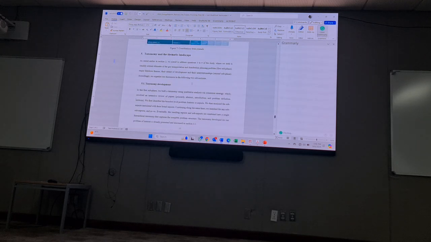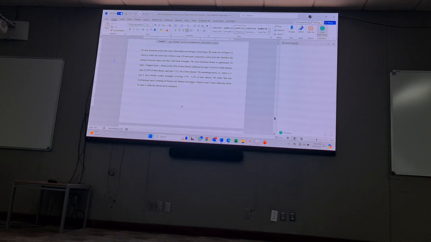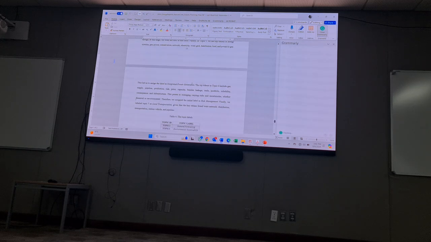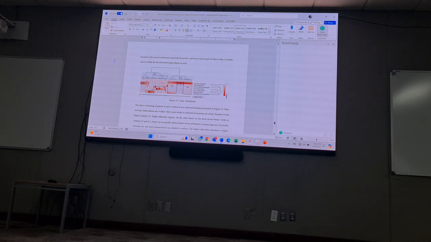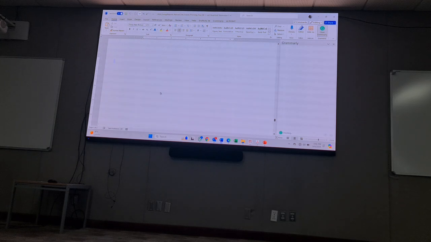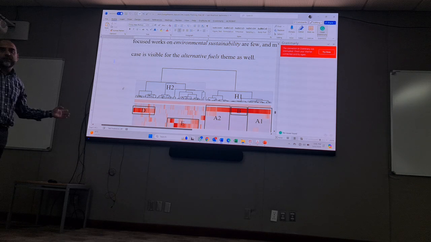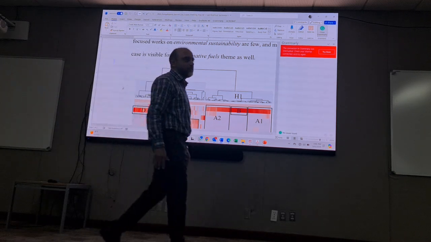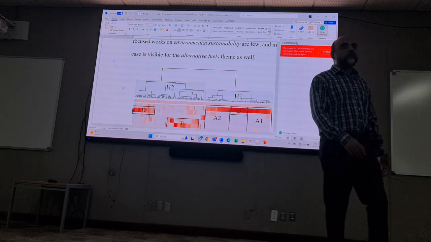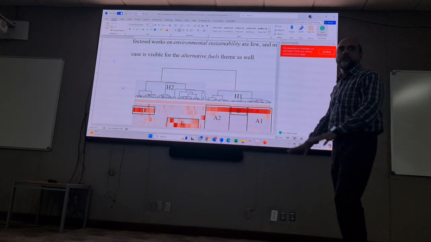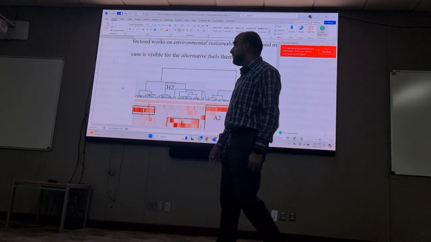Okay, so you need to understand why we do hierarchical clustering. So I'm going to show you an example which will help you understand how it works. We were analyzing literature in an area called gas supply chain, gas transportation. And we wanted to analyze what major work is going on.